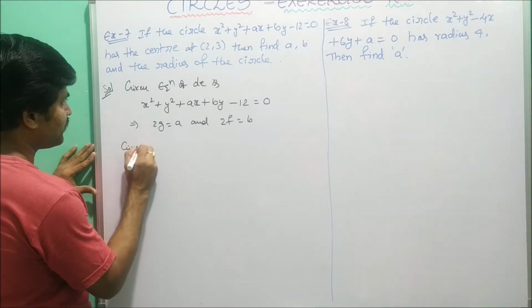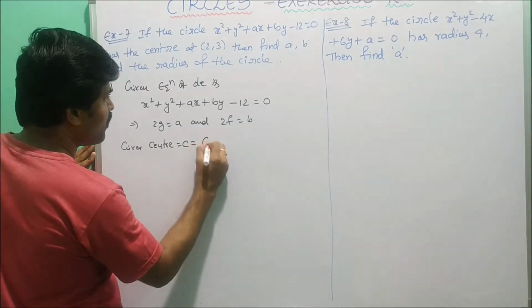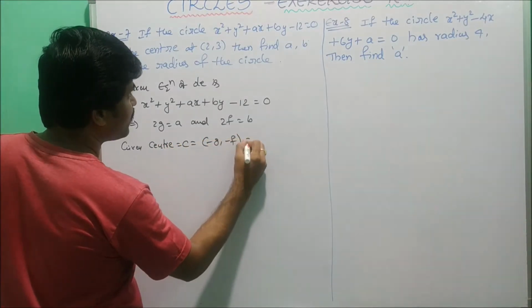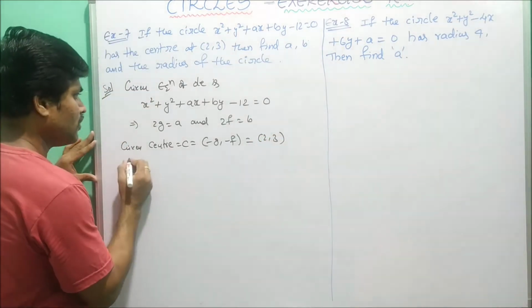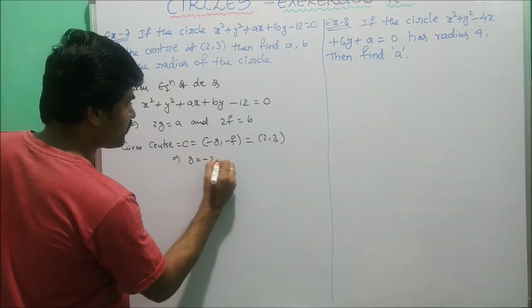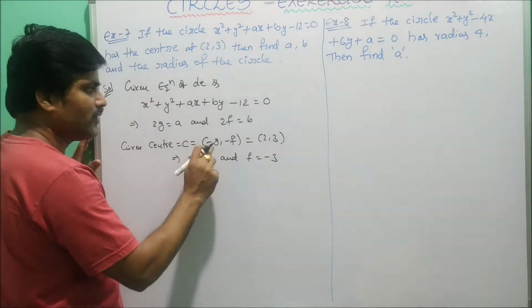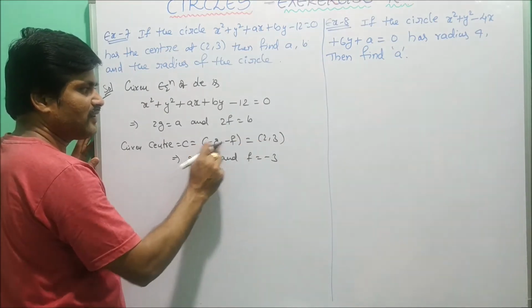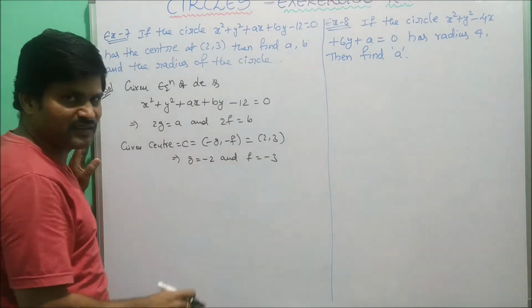Given the center C equals (minus g, minus f), that equals (2, 3). Now here we observe that g equals -2 and f equals -3, equating the coordinates. Minus g equals 2, that means g equals -2; minus f equals 3 means f equals -3.